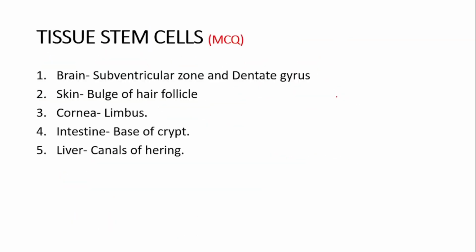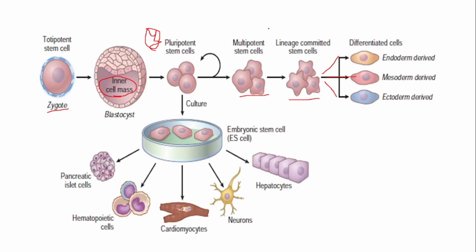So there are two types of stem cells. The first one is embryonic stem cells. Embryonic stem cells are the most undifferentiated type of cells, and this gives rise to other lineage committed cells.